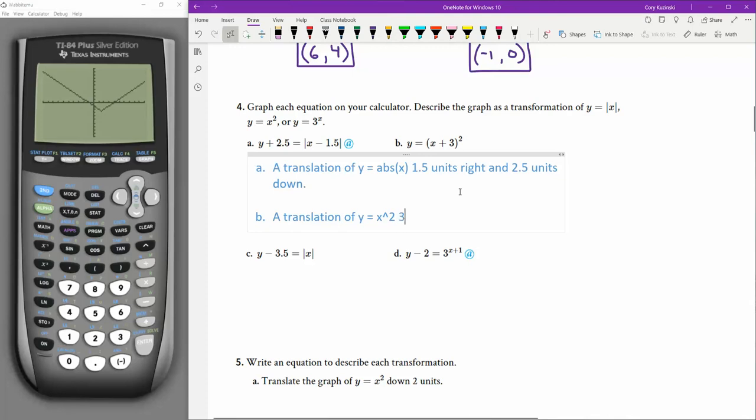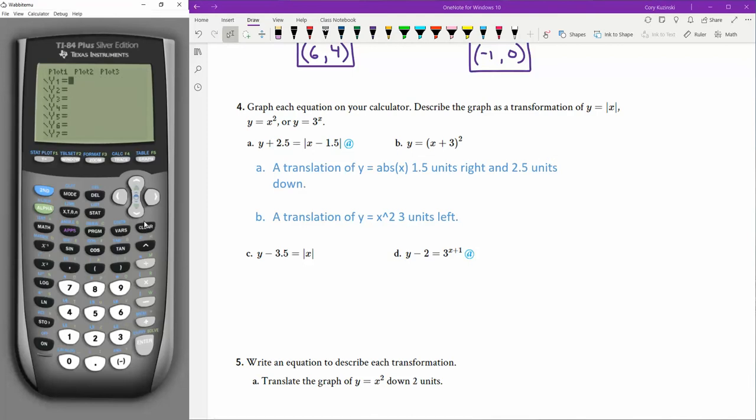So that would be 3 units left. It should be 3 units left. Let's try it. So x plus 3 to the second power, graph it. You can see that the parent function's been moved to 3 units left.